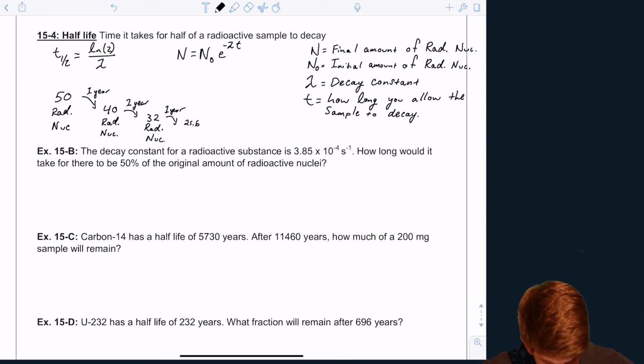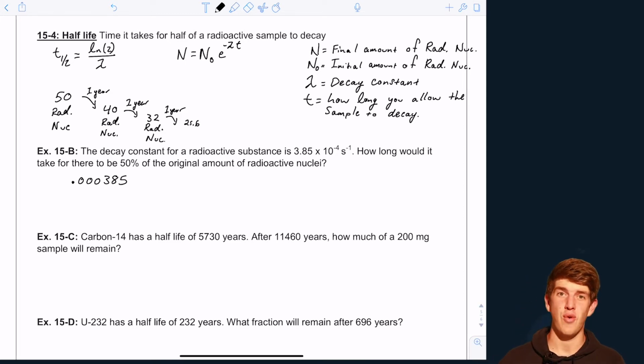But what that means is if I take that number and I just write it out, this is the fraction of nuclei that decay per second. So if I actually wanted to write this as a fraction, I would just take the inverse. You don't need to know this.